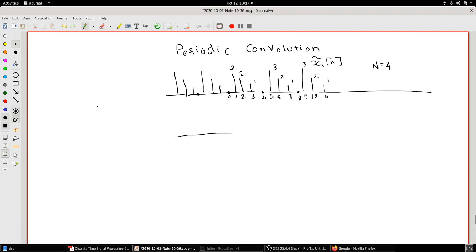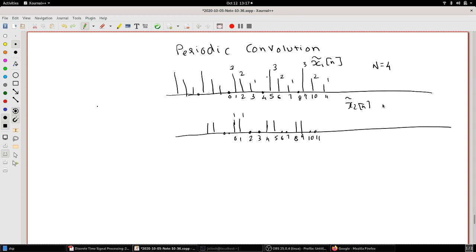Let's use another sequence. So these are two sequences. This is x2 of n, and N is equal to 4. Clear?